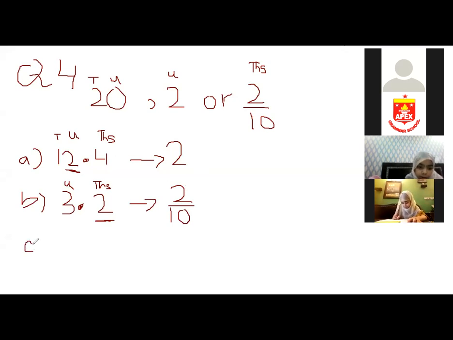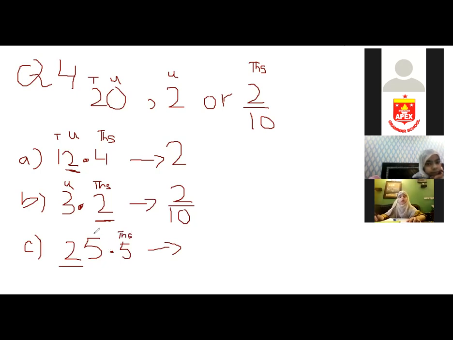Now the C part. In C part, the question is 25.5. Now we have to find the place value of 2. After the point, the value is tenth.